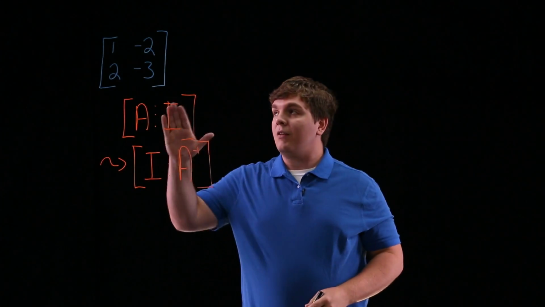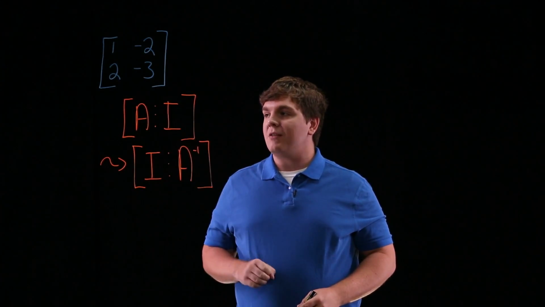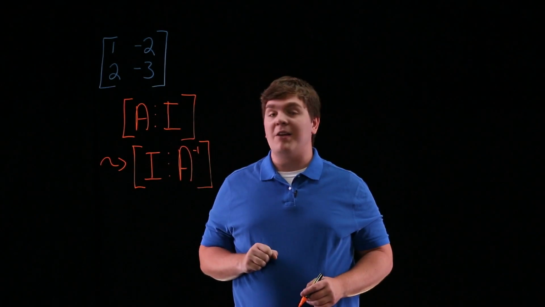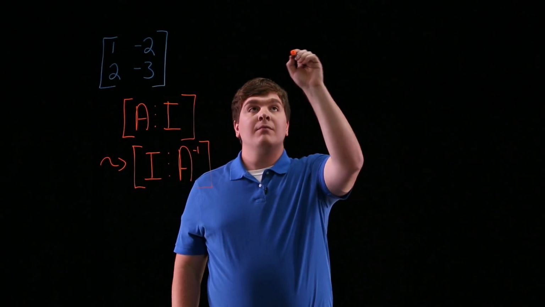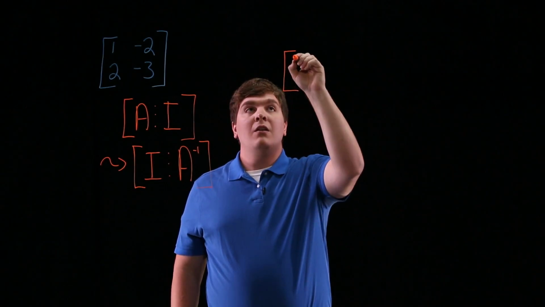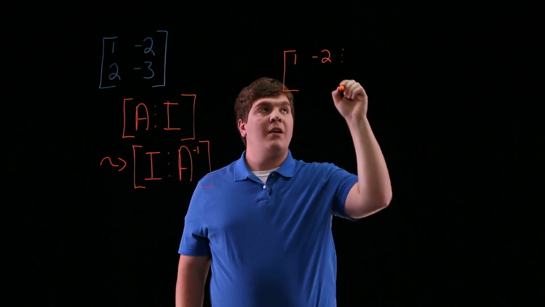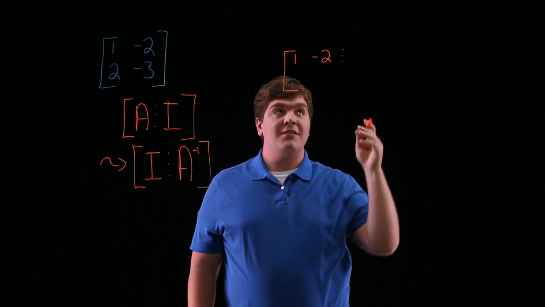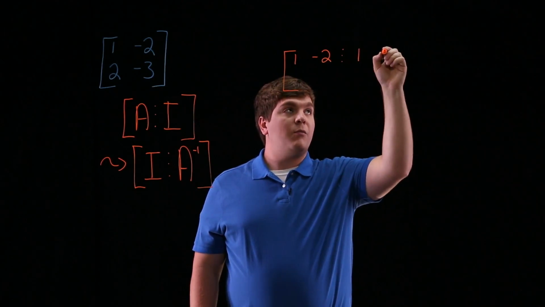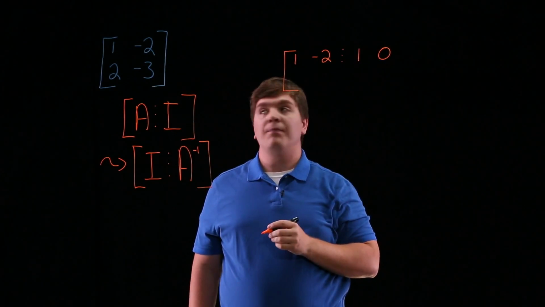So for this problem, let's go ahead and create our matrix and adjoin the matrix I. So we have 1, -2, and on the right-hand side, we're attaching the identity matrix. So we'll have 1 followed by a 0.